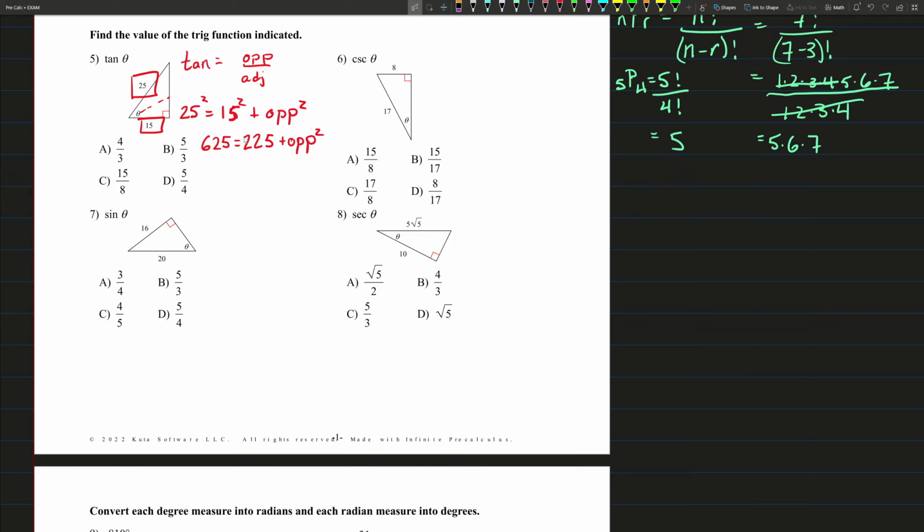Solving for opposite squared, we would get 400. Take the square root of it, this is just going to be 20. So then we have 20 over 15, which is 4/3.